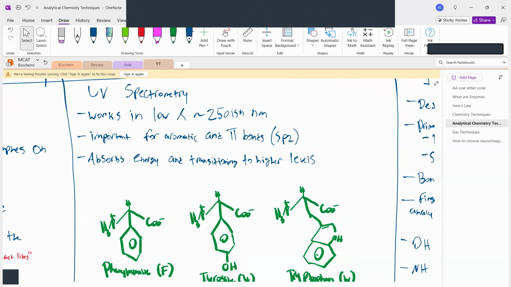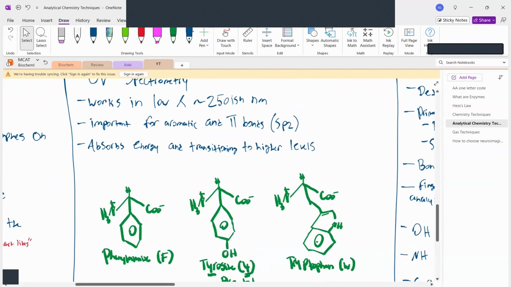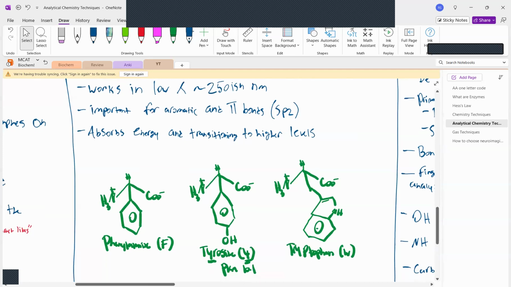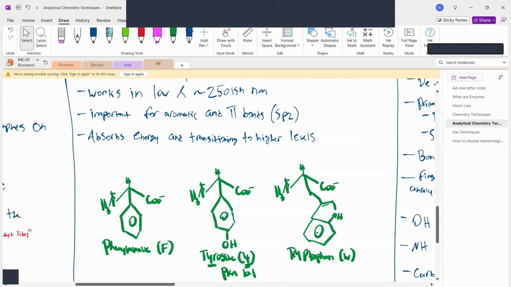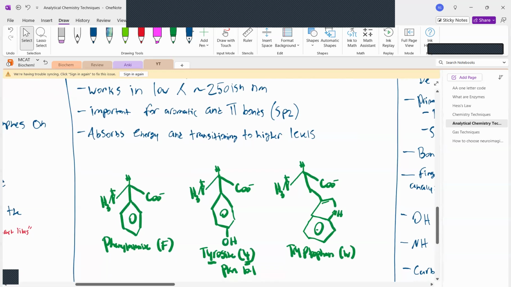And then it's important for aromatic and pi bonds, so sp2 hybridized molecules. It absorbs energy and transitions to higher energy levels. That's going to be a common theme when we move into the spectrometry stuff: it's just absorbing energy and exciting said compounds.